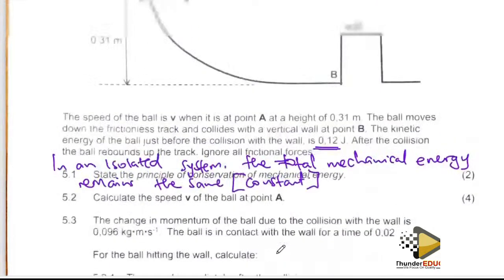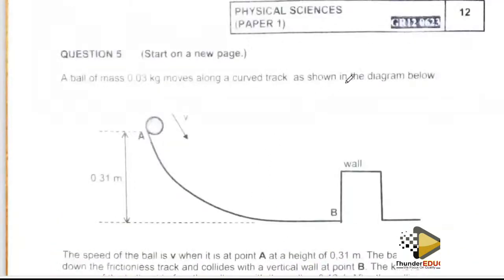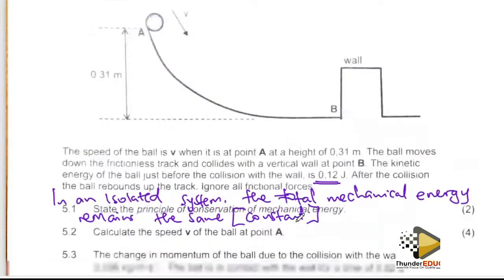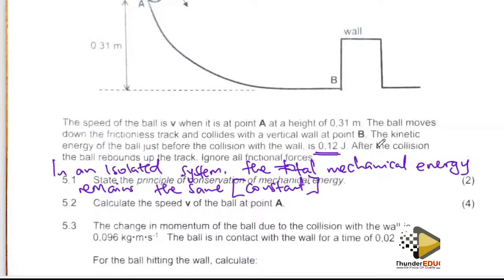Velocity V, what did they say? Okay, it's V, at point A, moving on the track. They're telling us the kinetic energy of the ball just before the collision with the wall is 0.12, just before. So remember, from this point, our height is going to be 0.